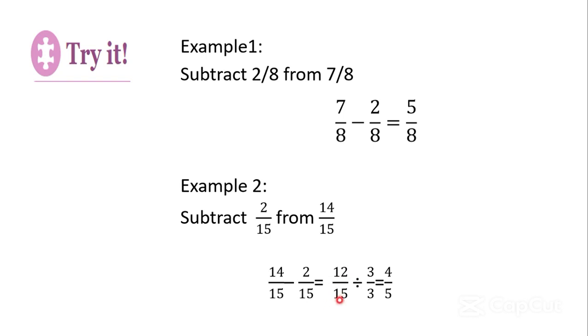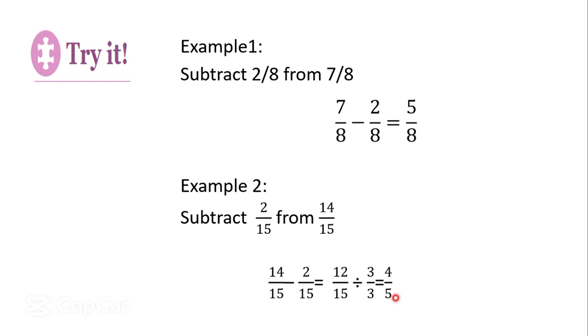So 12 and 15 can both be divided by 3. The greatest number that divides 12 and 15 is 3. So 12 divided by 3 is 4, and 15 divided by 3 is 5.